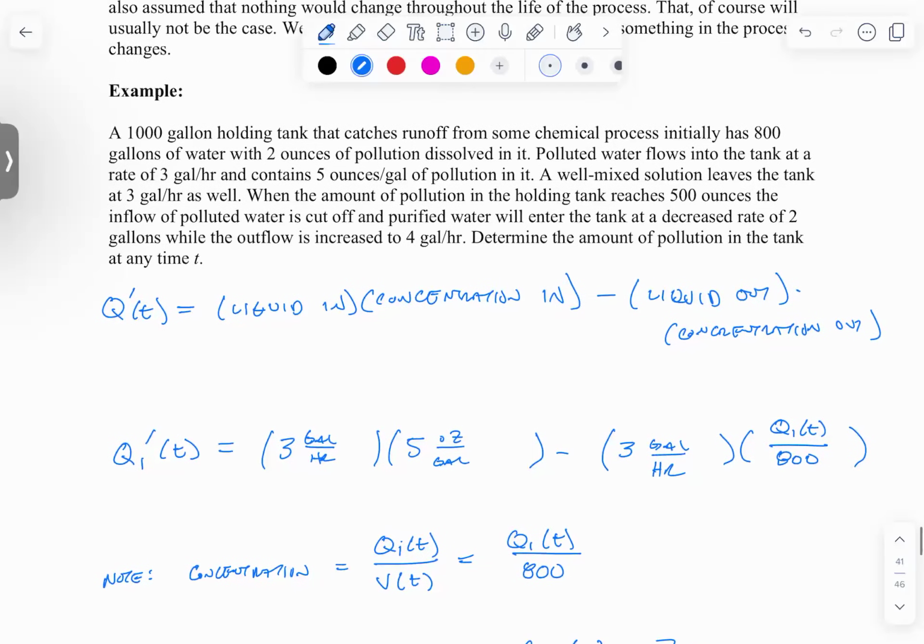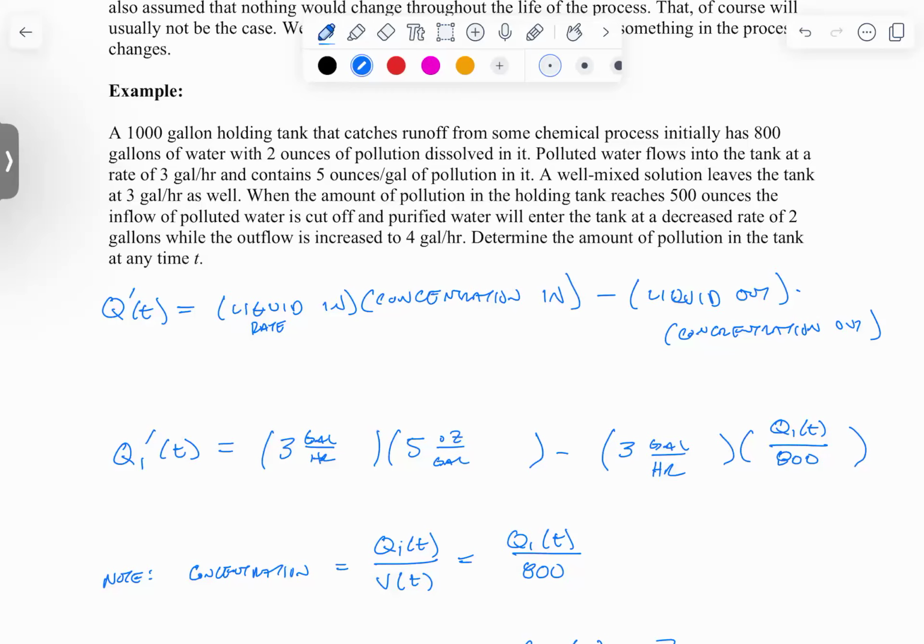Okay, so once again, rate in, rate out. At this time of maximum pollution, our situation changes. So let's figure out what's happening. What becomes the rate in at that point? Purified water. When I say liquid in, I really mean the rate of the liquid in. 1 gallon per hour?